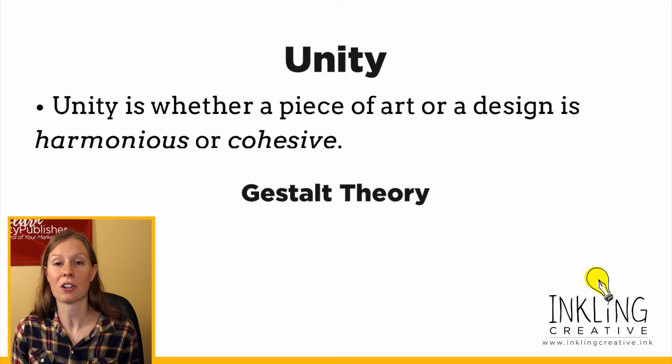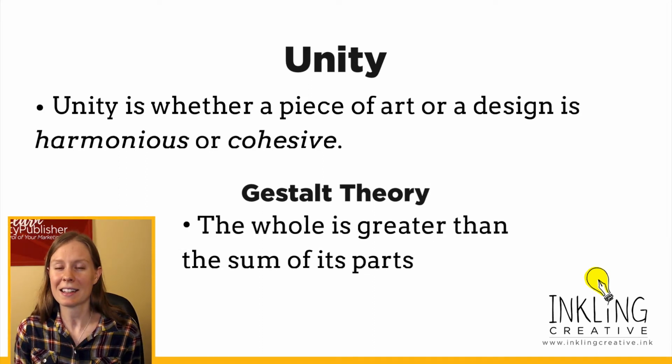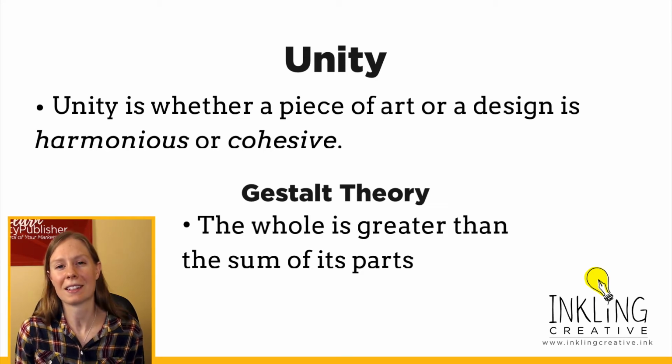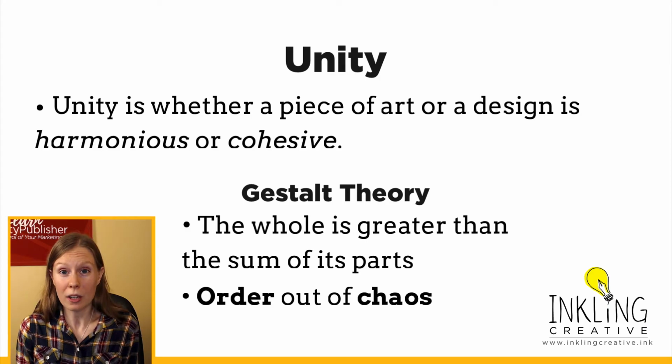This is also called Gestalt Theory, which, stated simply, says that the whole is greater than the sum of its parts. Or basically, we try to make order out of chaos. Take, for example, a car. The car itself is greater than merely the mechanics, the metal, and the motor.